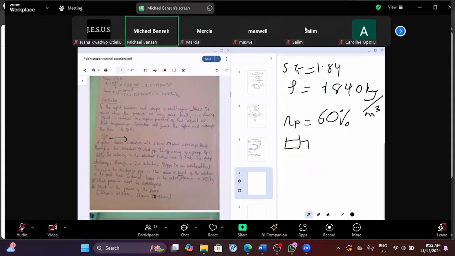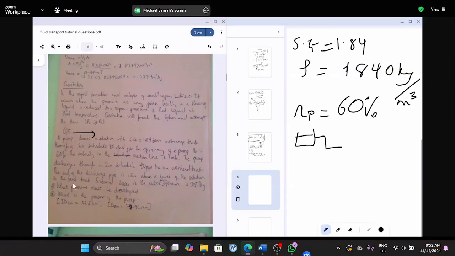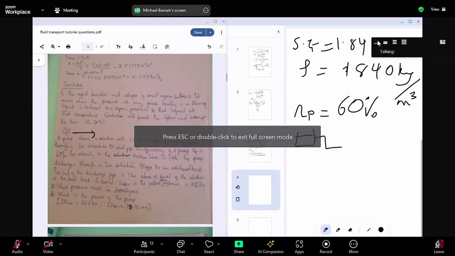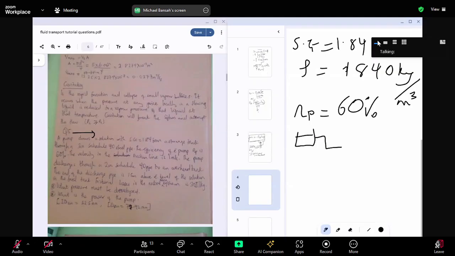Let me see how I can draw this. All right, whenever you have a pump, there is the inlet of the fluid into the pump.